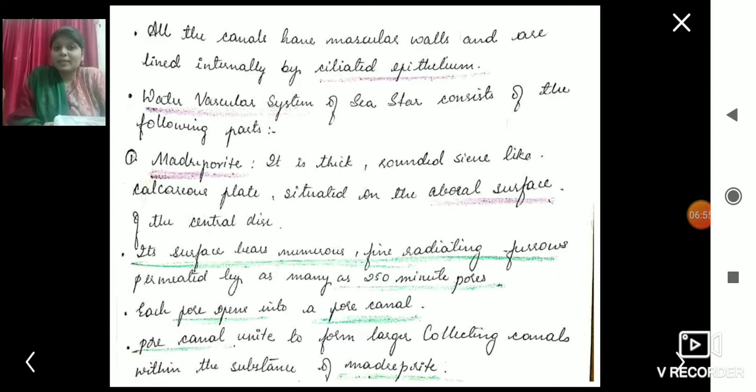Each pore opens into a pore canal, and pore canals unite to form larger collecting canals within the substance of the madreporite.